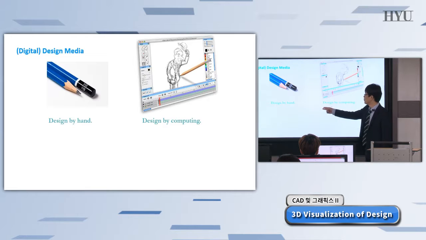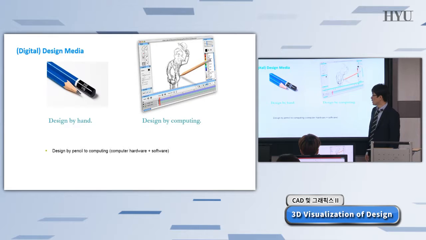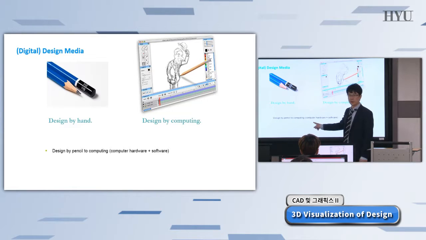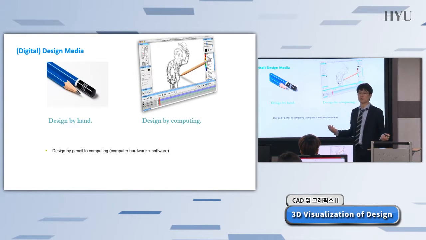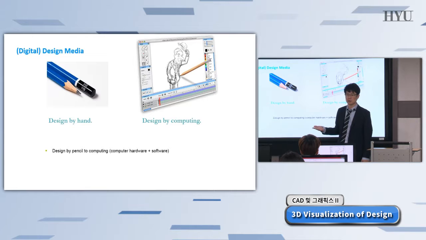So we need to know computing a lot more than before. That's my point, okay? Design by pencil to computing. What's the difference? That's what we have to know. We don't need to study pencils, okay? Because pencil is really straightforward, intuitive.